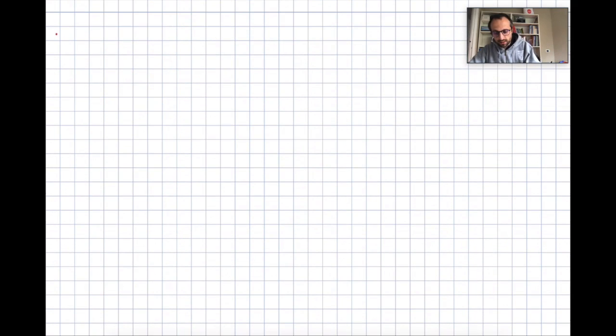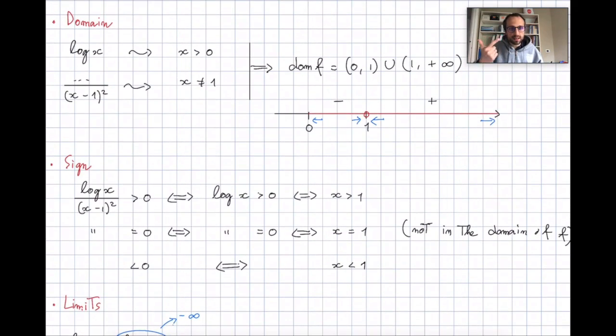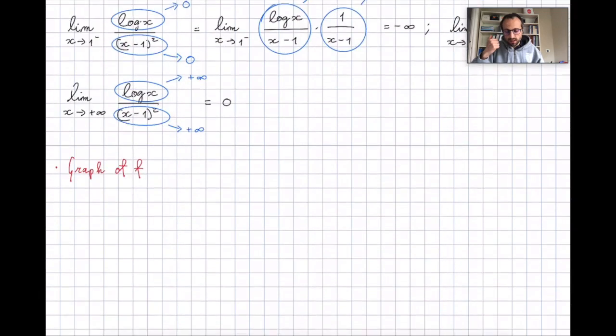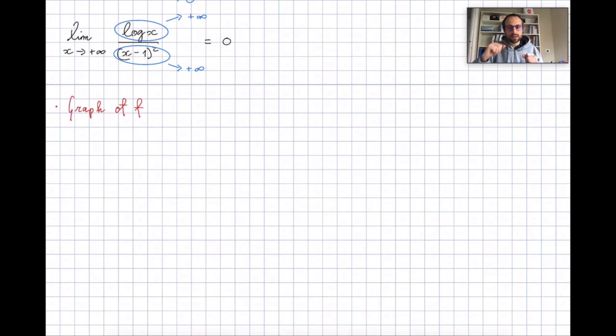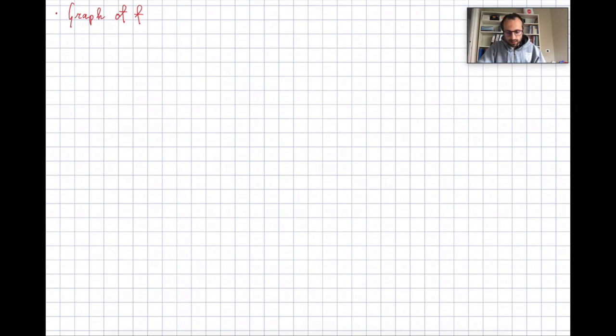Okay, the last part is the graph of f. So the game here is to collect all the pieces of information we've collected so far, so the domain of f, the sign of f, and the limits of f, and put all these pieces of information together to draw a qualitative graph of f. So let's start by drawing the axis.